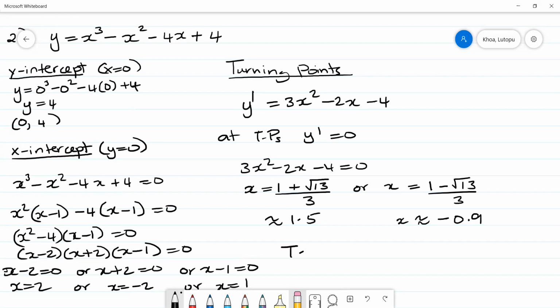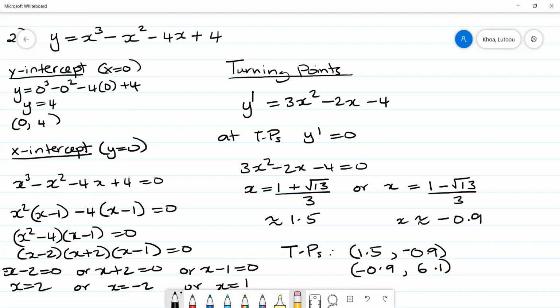My turning points are 1.5, 0 and negative 0.9, 6.